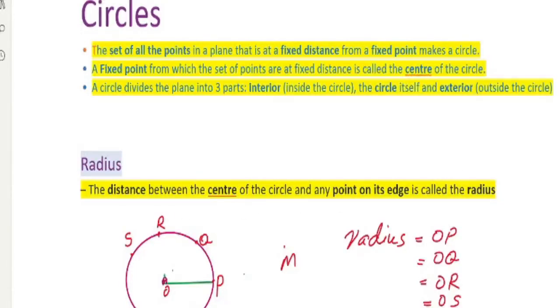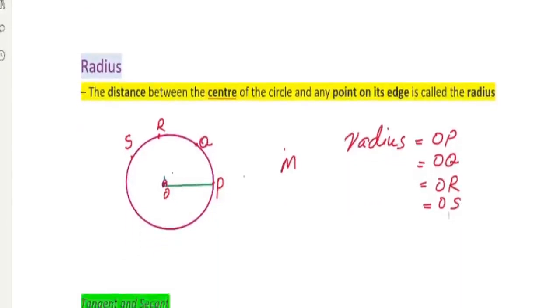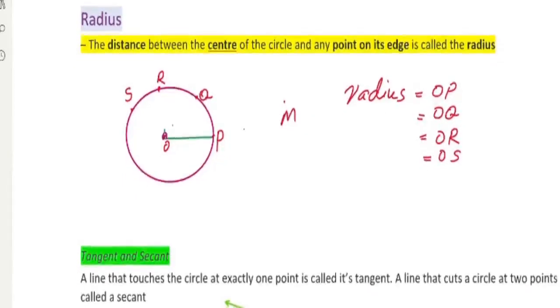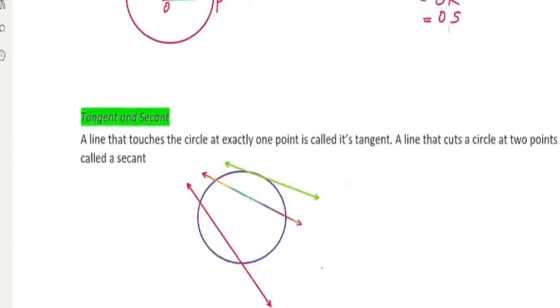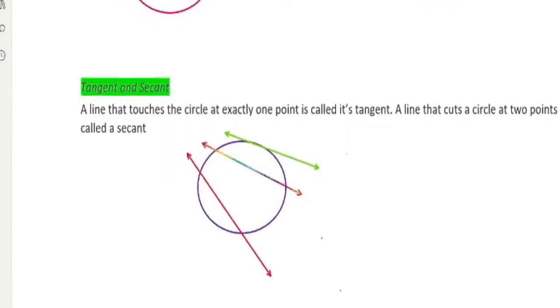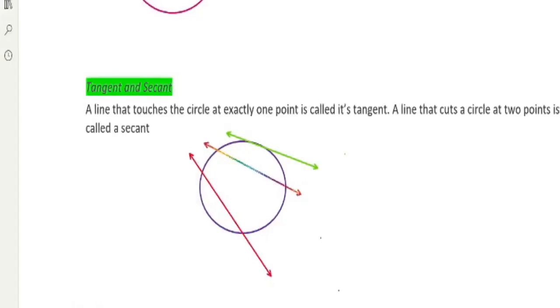Now we will come to the next terms related to circle, that is tangent and secant. So 2 terms are here. One is tangent and one is secant.